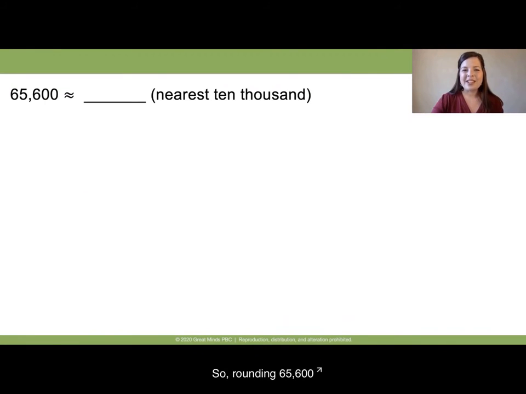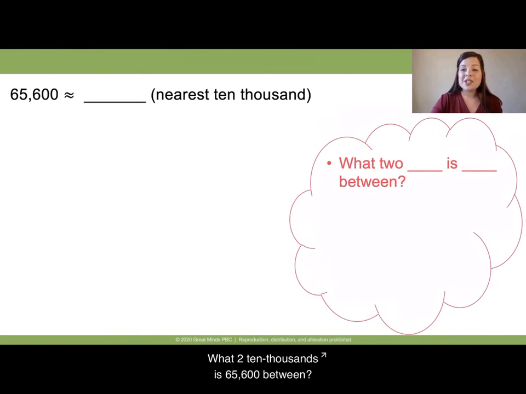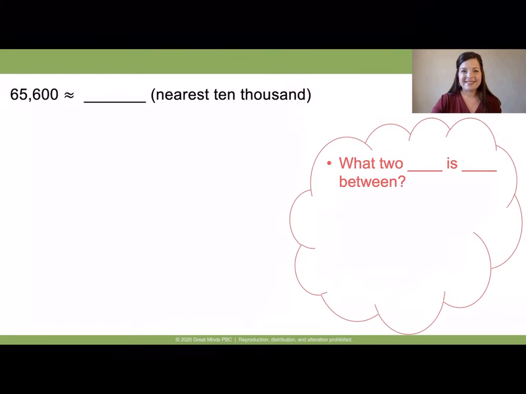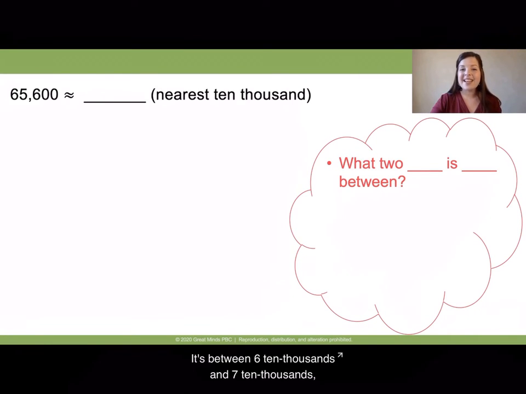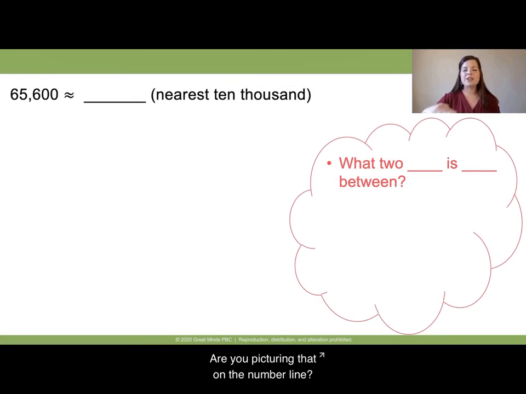So, rounding 65,600 to the nearest 10,000, what two 10,000s is 65,600 between? It's between 6 10,000s and 7 10,000s, or 60,000 and 70,000. Are you picturing that on the number line?